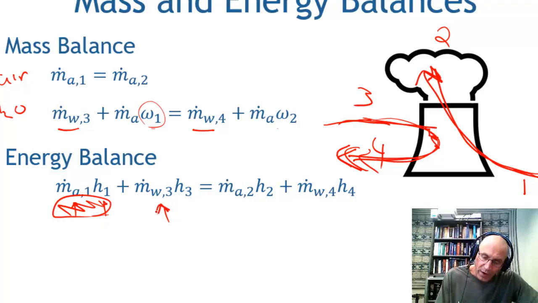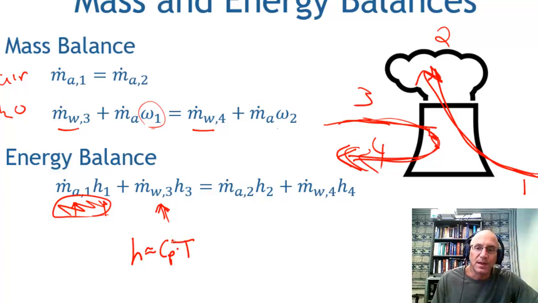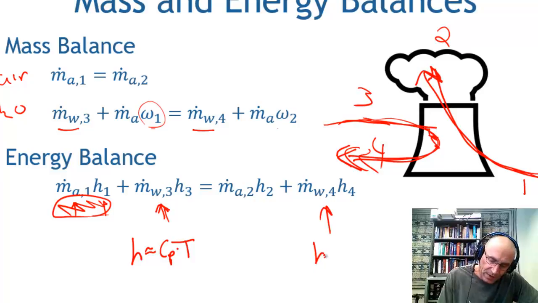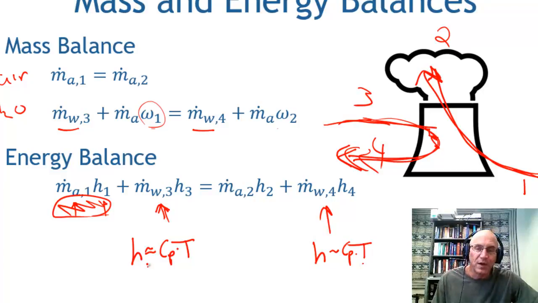Now this liquid water is incompressible, and so normally we can approximate the enthalpy as just Cp times T for this one over here, and the same thing with 4 over there. Since it's an incompressible liquid, we can use those approximations for the liquid water stream that's moving through there.